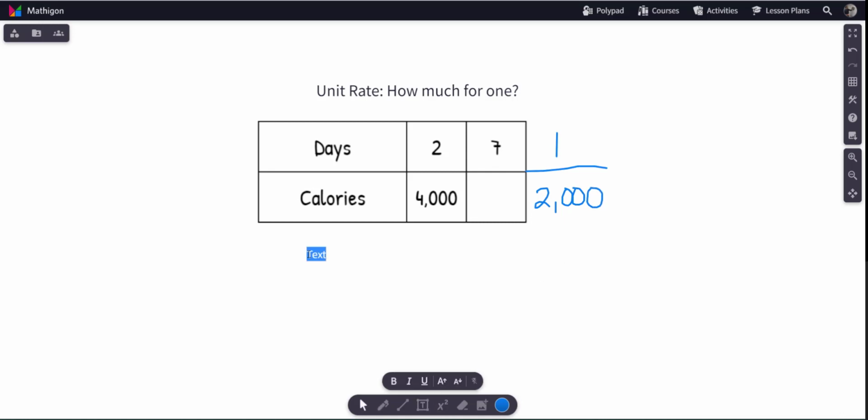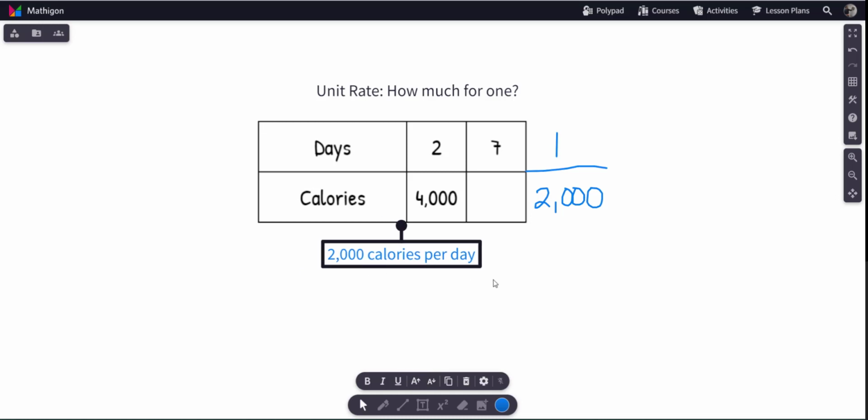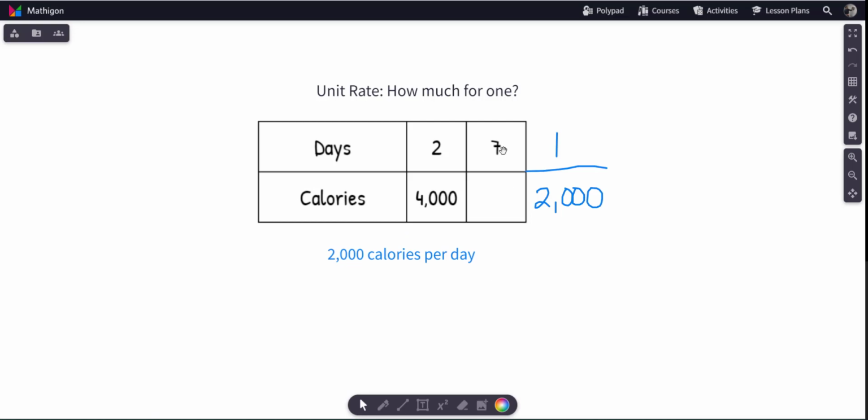So maybe I'll type that here as well. 2,000 calories per day is the unit rate. And then if 1 day is 2,000, then 7 days would be 7 times 2,000.